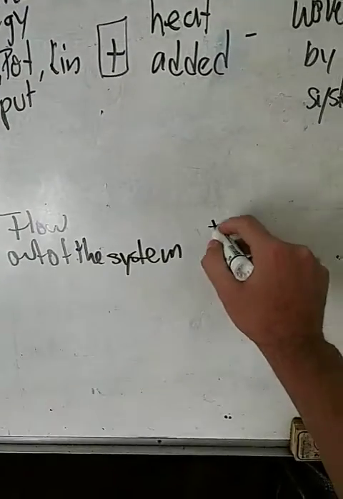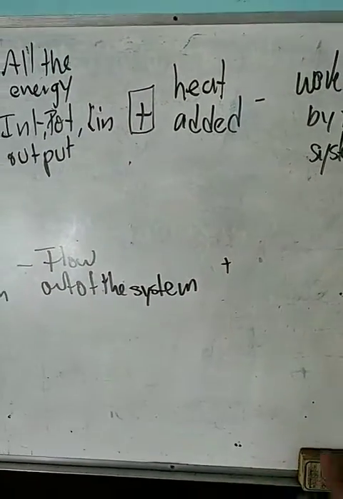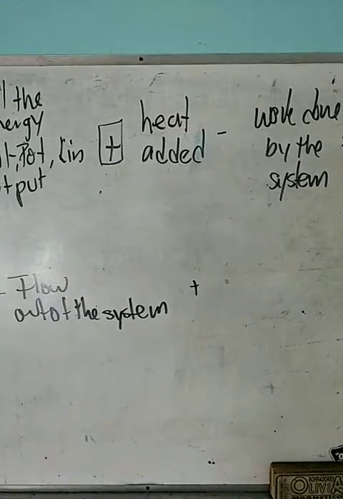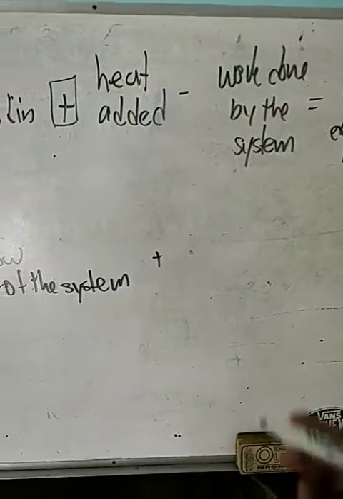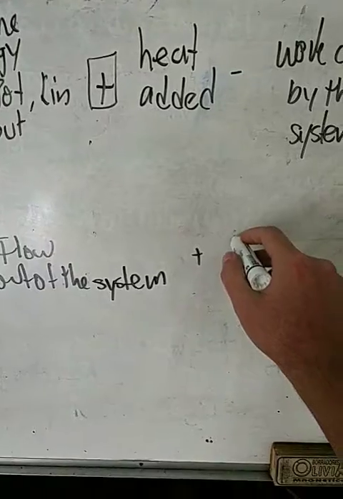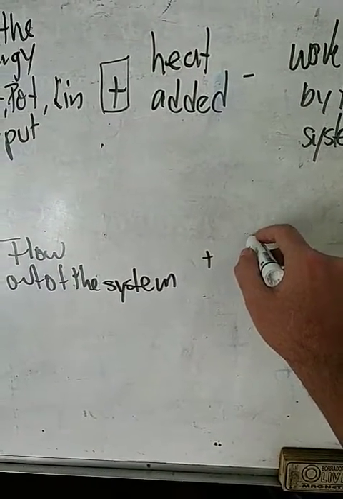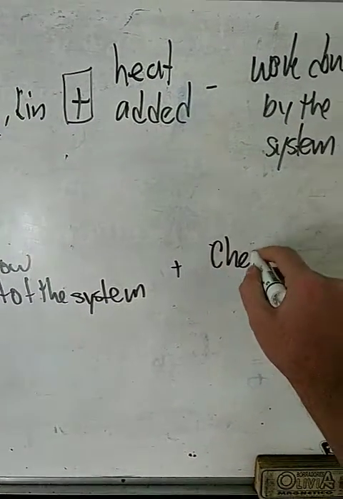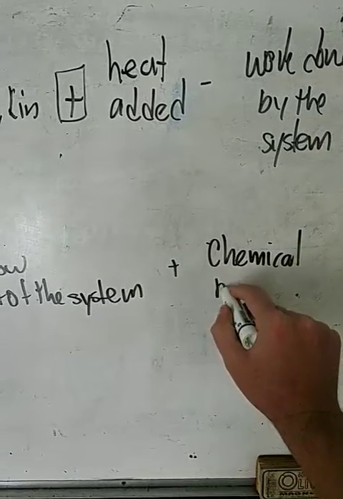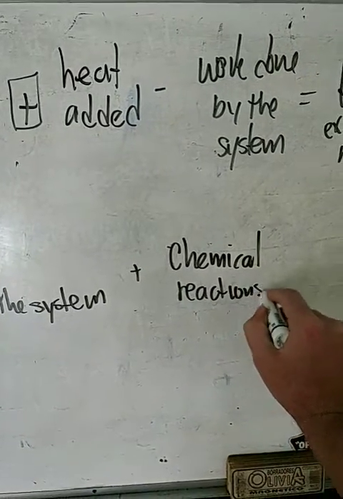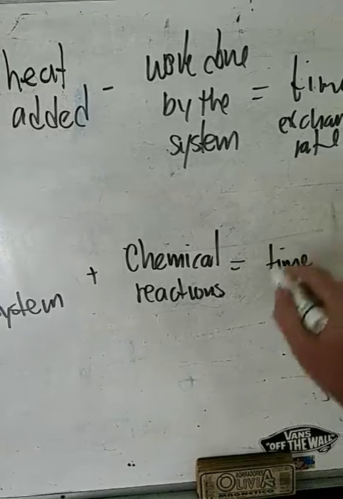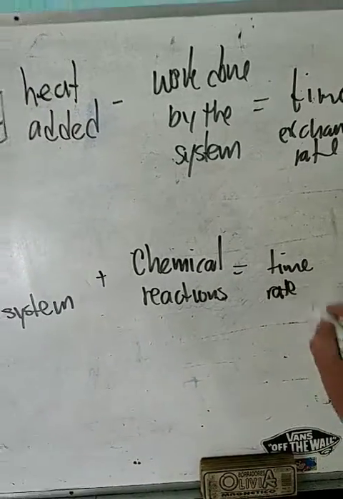Also, this one is important. Well, we're going to consider this momentum. Also, it's possible to consider it as a mass transfer. Why? Because in this one, we consider also the chemical reactions. And this one is going to give us the time rate.